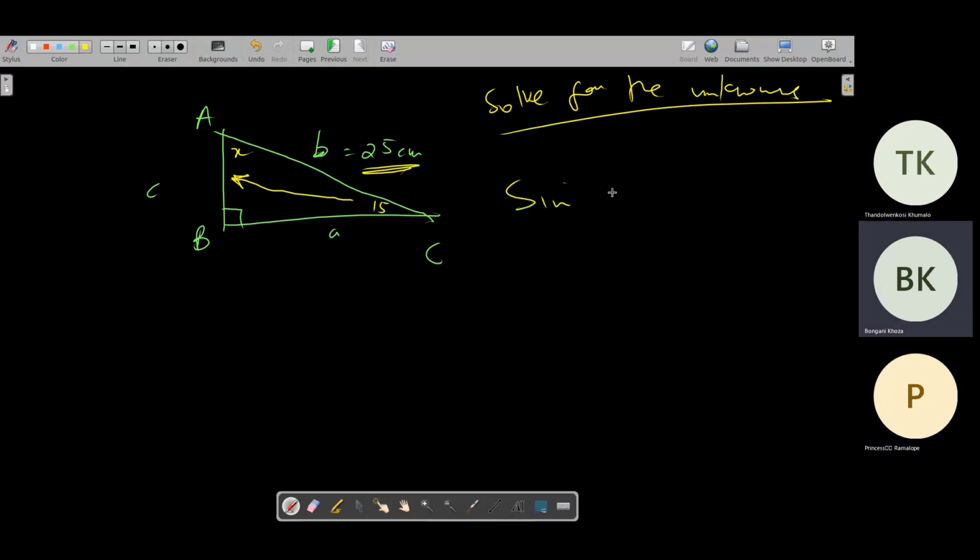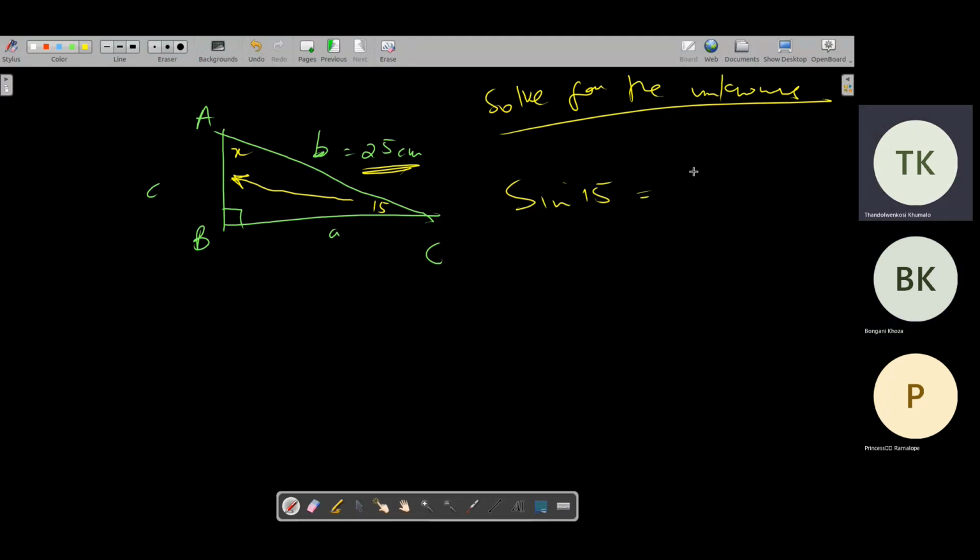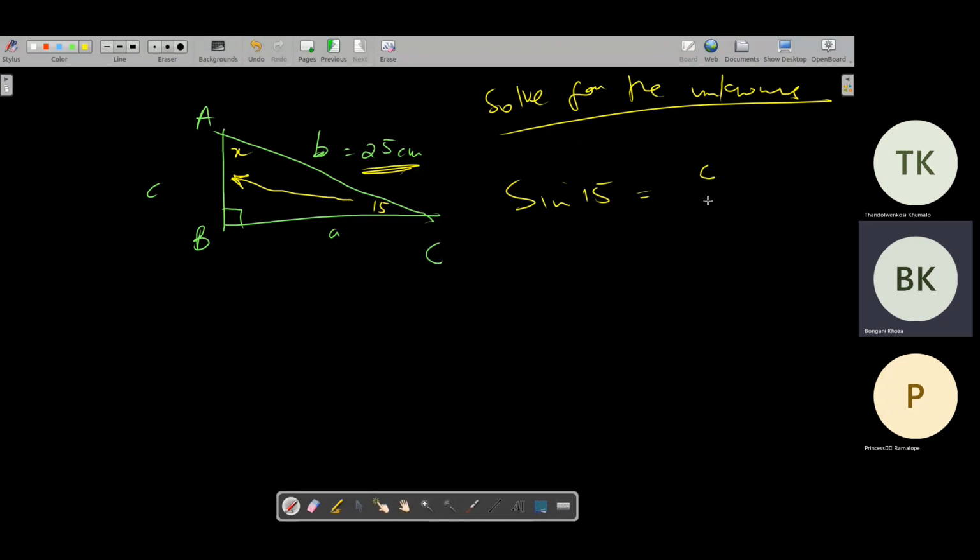So we'll say this is sine 15, because the angle is 15. Sine 15 is equal to our opposite, which is C. Just to get used to the sides, we can say it's over A C. What are we trying to solve for?